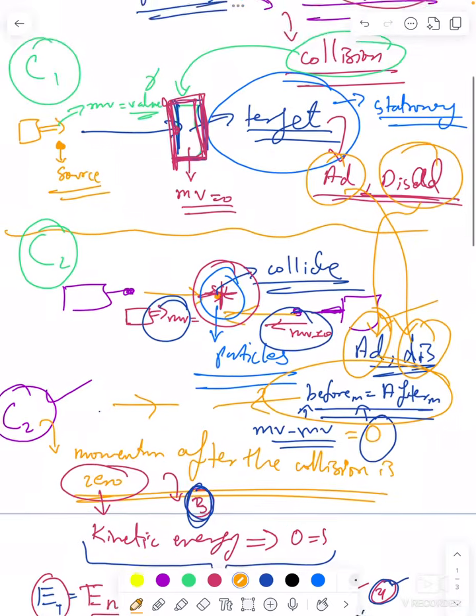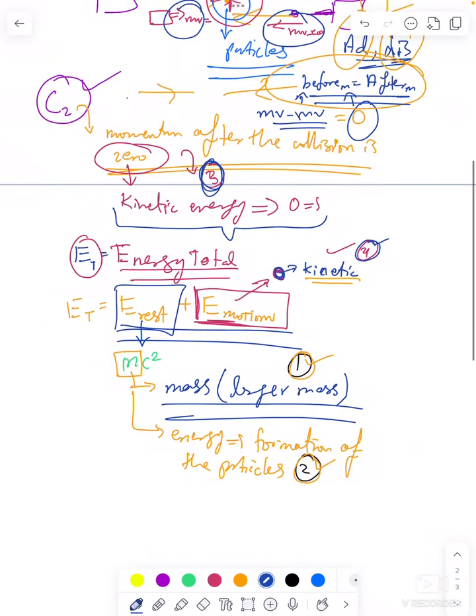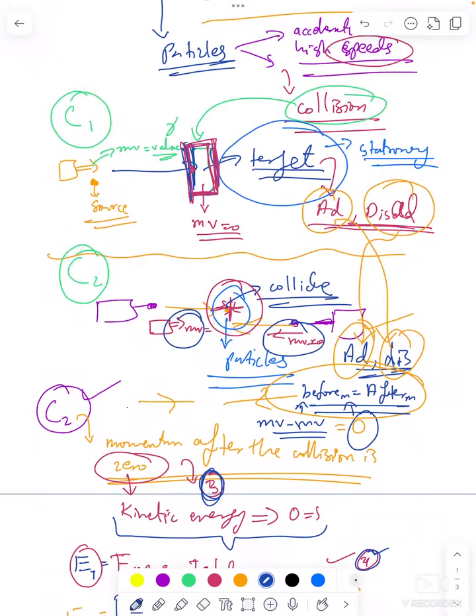Now the opposite holds for the other one. In collision 2, where we have two particles moving towards each other and they collide, we get a large mass. Vice versa, if a particle is colliding with a stationary target, after the collision there's some momentum. If there's some momentum, it means it has kinetic energy.